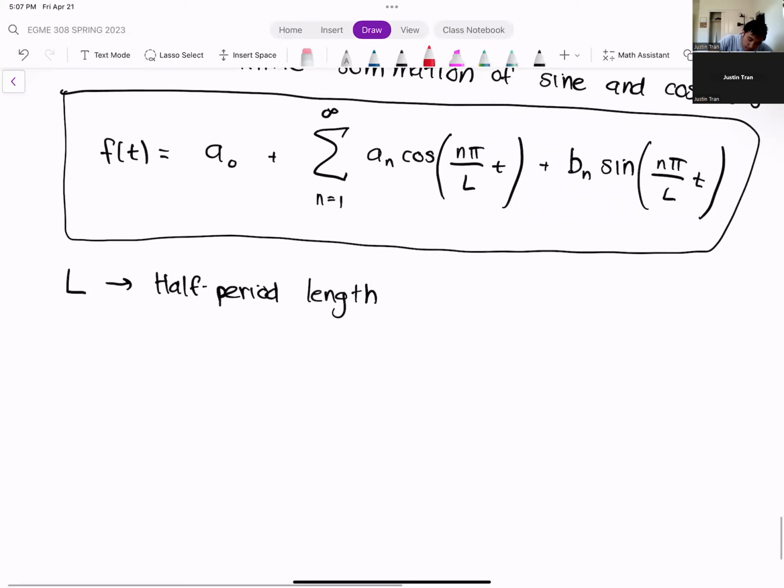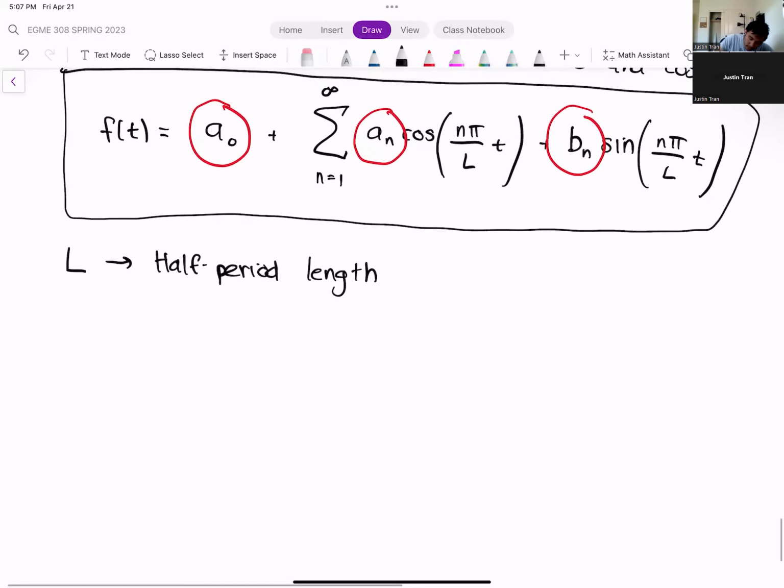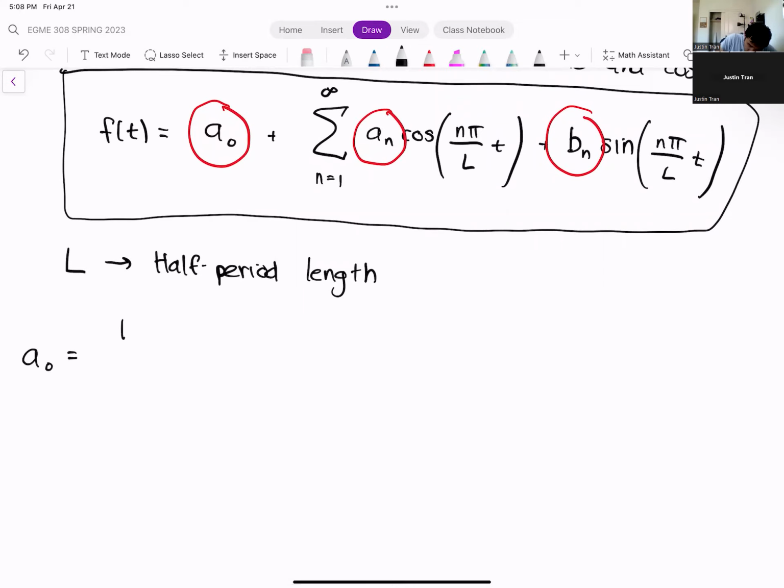The main things that you're computing in a Fourier series are the values for the coefficients. We have the A naught coefficient, the An coefficient, and the Bn coefficient. Let's write down our formulas for those. For A naught, the formula is 1 over 2L integral from minus L to L of f of t dt.